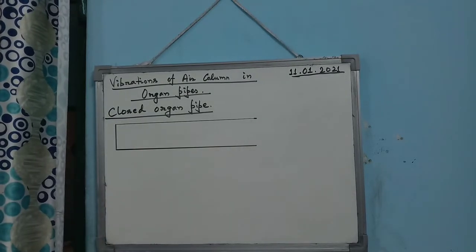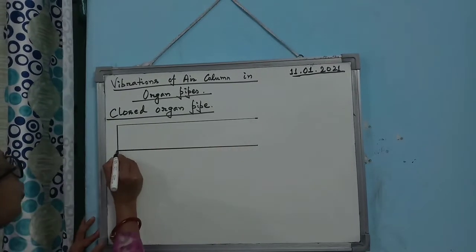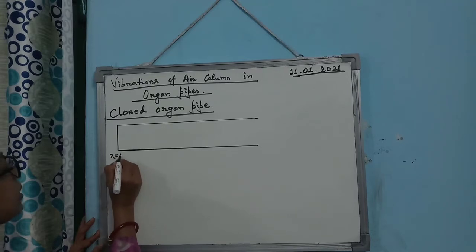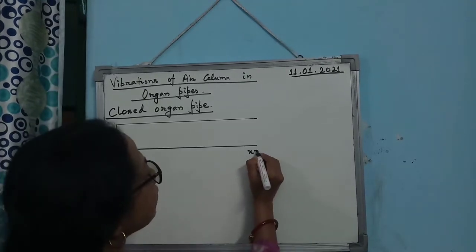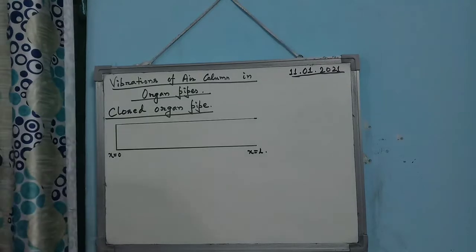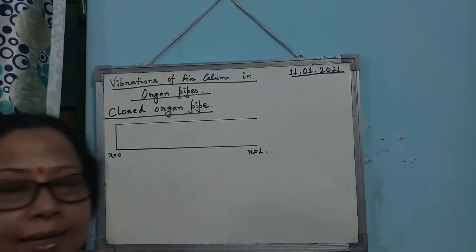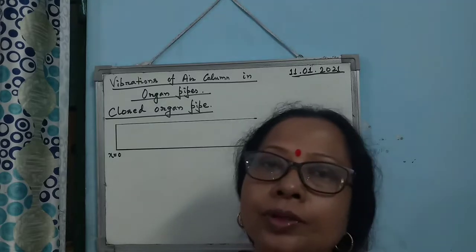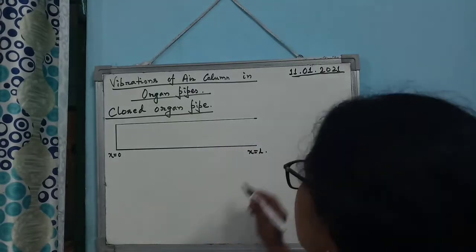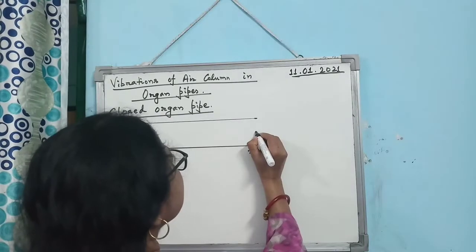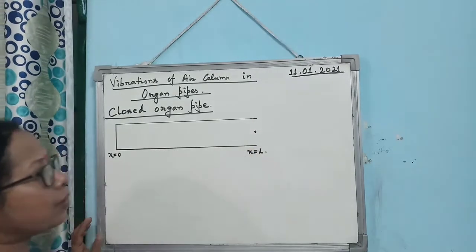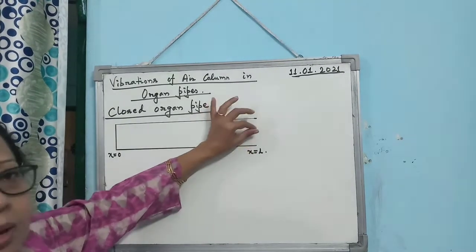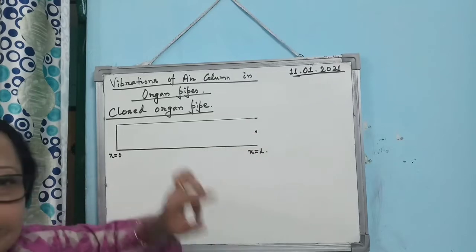Now suppose this point is at x equal to 0 and the length of the pipe, let it be L. Clear? Then what will happen? This is the basic physics of the vibration of air. Just look at the point here. It can vibrate with maximum amplitude because it is at the open end.